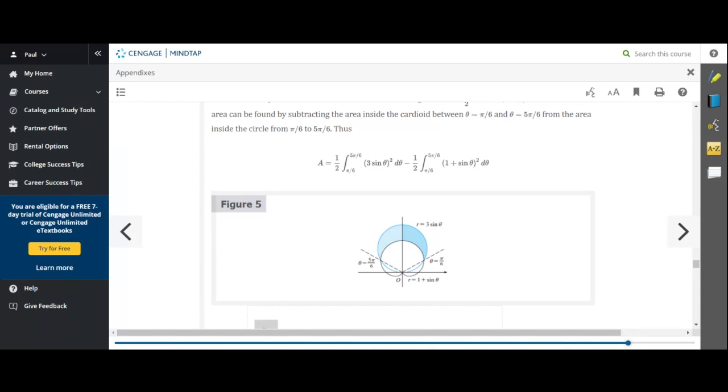So we can go into Desmos and graph these curves. Let me go into Desmos real quick. I'm going to Google Desmos, and I get the graphing calculator.